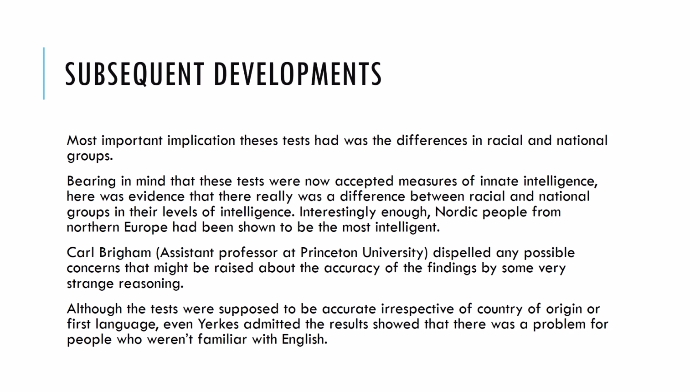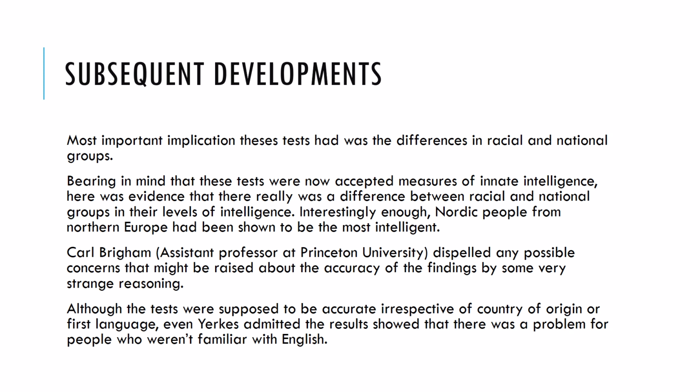Bearing in mind that these tests were now accepted as measures of innate intelligence, here was evidence that there really was a difference between racial and national groups in their levels of intelligence. But interestingly, Americans weren't the highest scoring. Nordic people from Northern Europe were actually shown to be the most intelligent, not Americans.